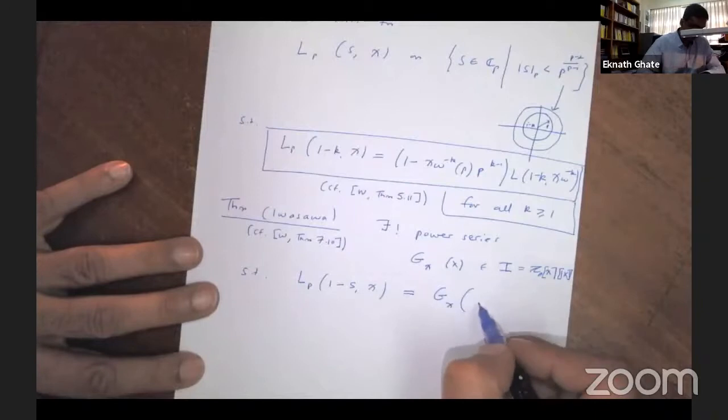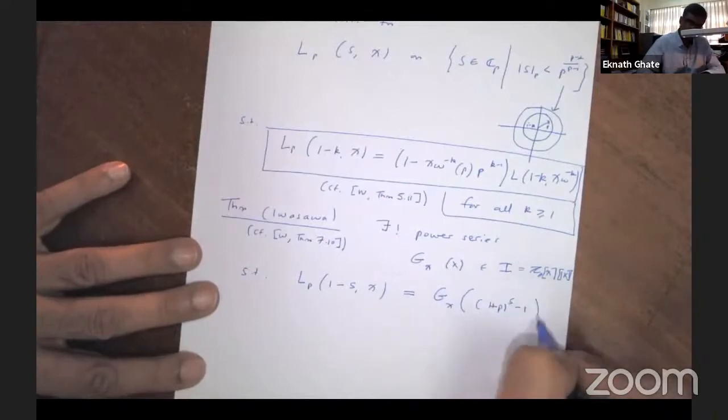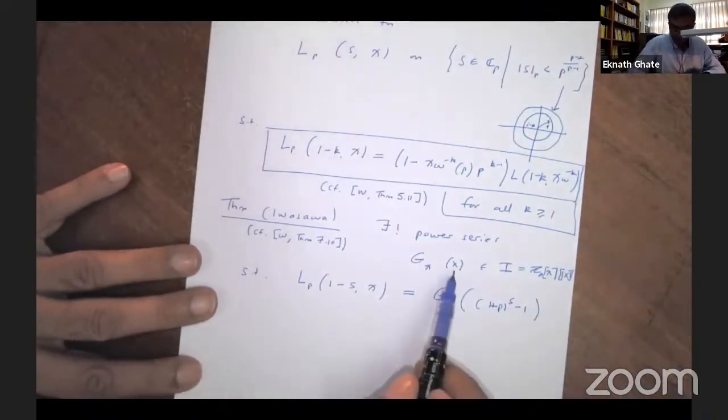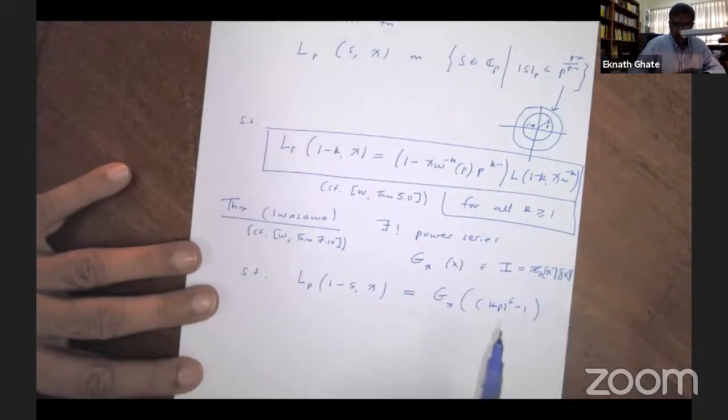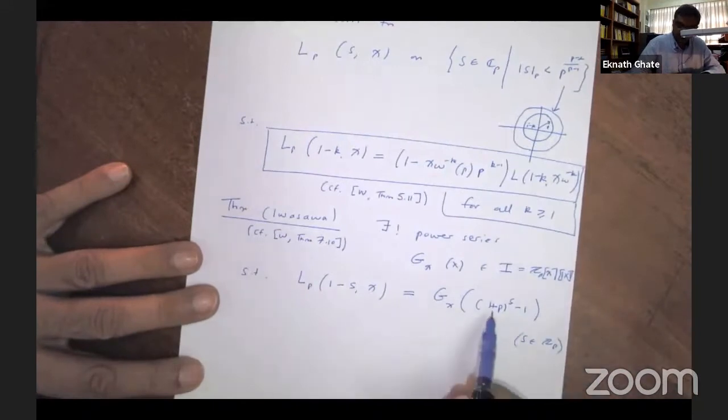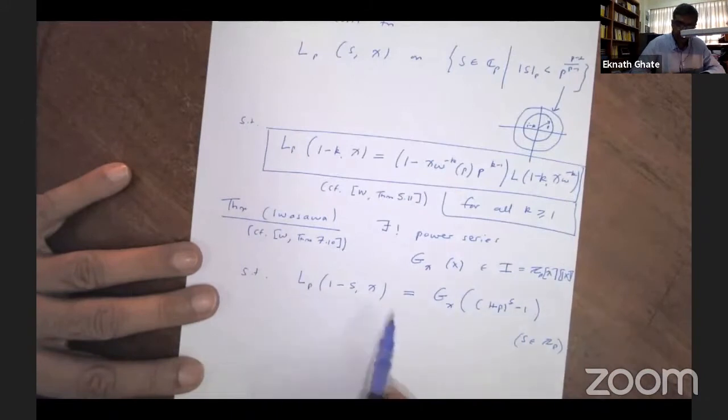evaluated at a certain specialization. So there's a power series in X, and when you put this particular specialization in, for s belonging to Z_p, let's say, but actually even in this disk, the ones cancel, you get something which is divisible by p, so the power series will converge, and you get this particular value.